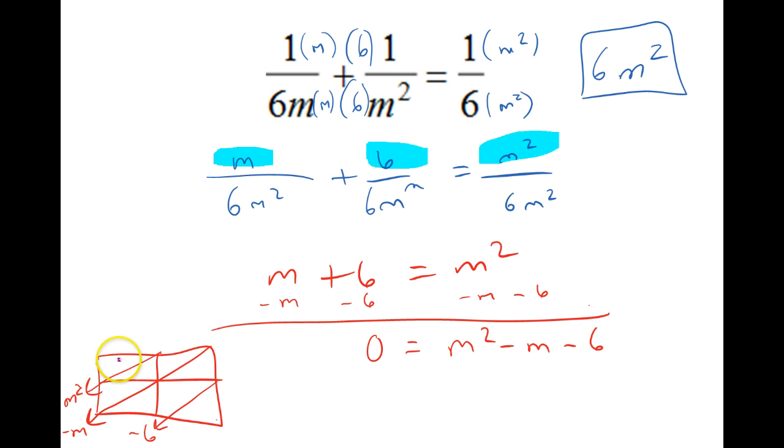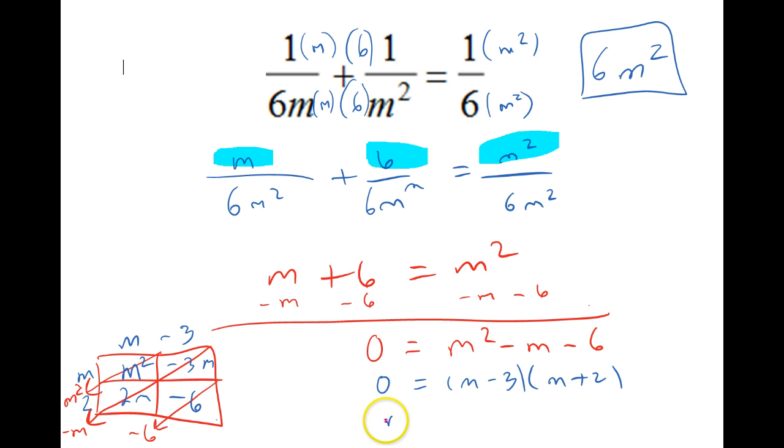So I know that this would have to be m squared and negative 6, so m and m. And in this case, I want to make this negative 3 and positive 2. That would give me a negative 3m, positive 2m. Now if I add those up, I get a negative m there. So actually it's easily factorable. This is m minus 3, m plus 2, and this equals 0.